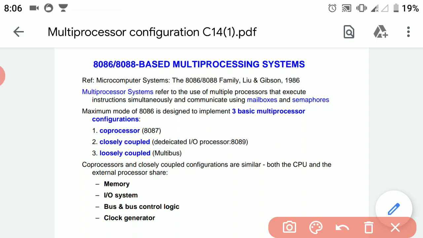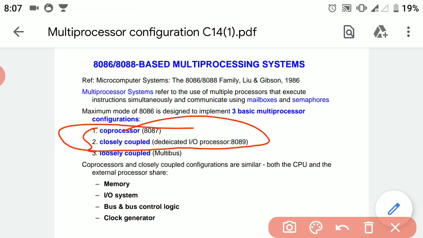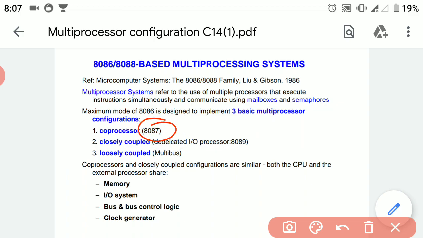The first two configurations, coprocessor and closely coupled, are similar. Both the CPU and the external processor in these two configurations are actually using the 8087 processor or the 8089 as our coprocessors.